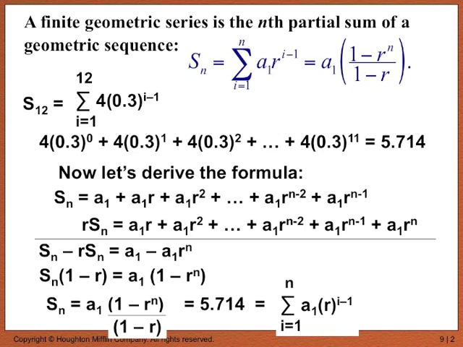So we've now derived the formula above, and that formula in the upper right portion of the screen is a sub 1 times 1 minus r to the n over 1 minus r. Now, I like to, when possible, derive formulas, and I've explained why before. But the good news for you, I suppose, is that I don't usually ask for derivations on tests.